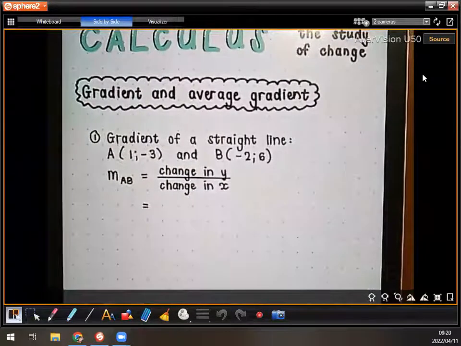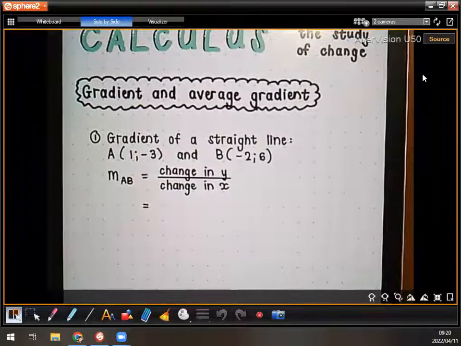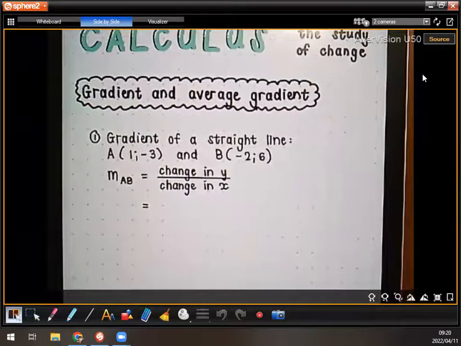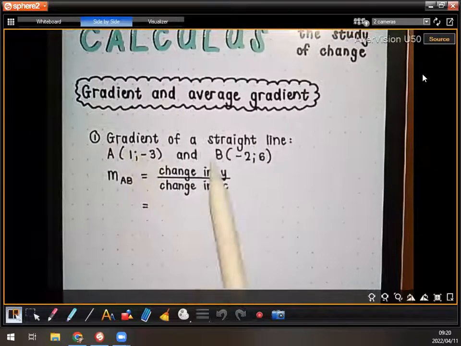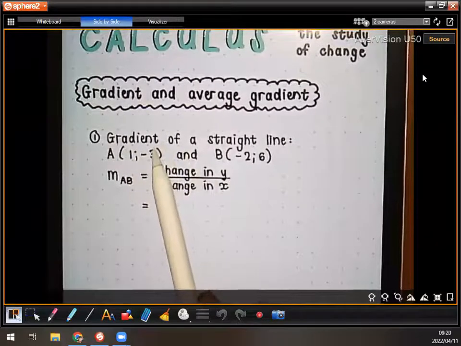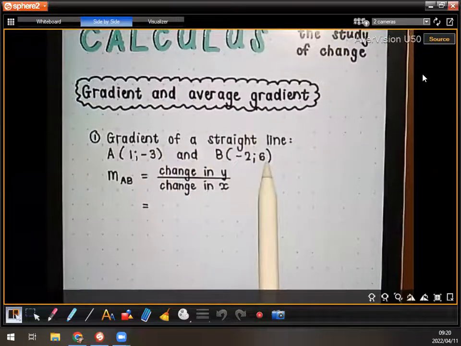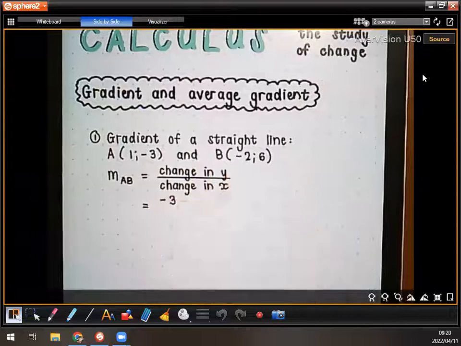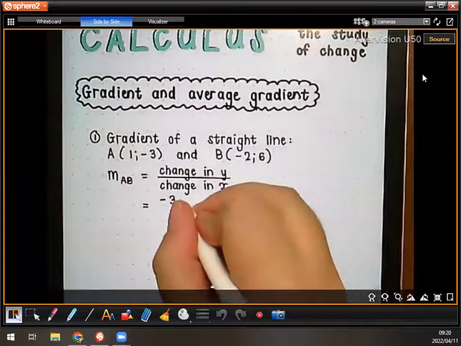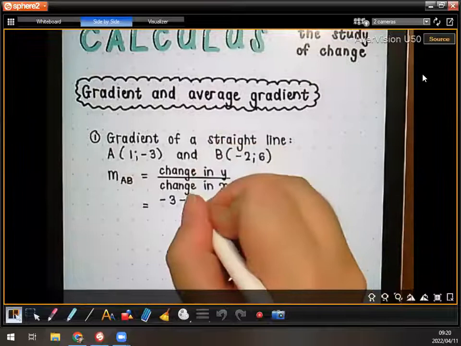Now guys, you can decide which point's coordinates you want to start with. Let's say we start with the coordinates of A, just because it's first. It really doesn't matter. We're going to take the y value of A minus the y value of B. The y value of A is -3 minus the y value of B, which is 6.